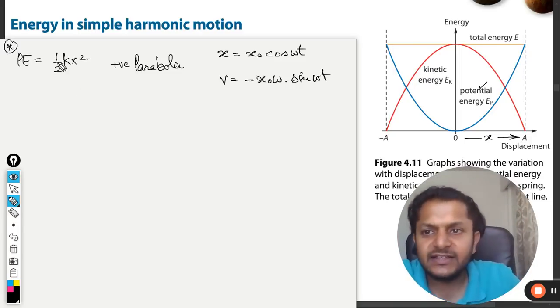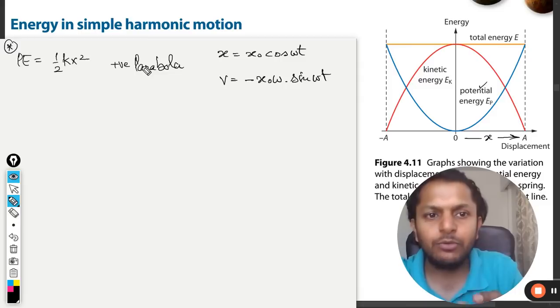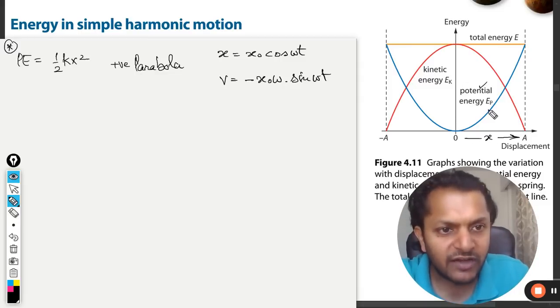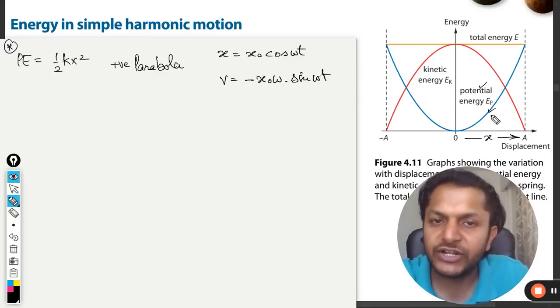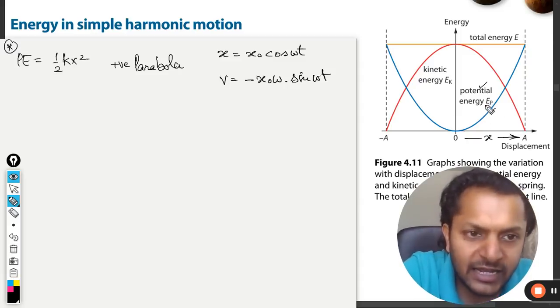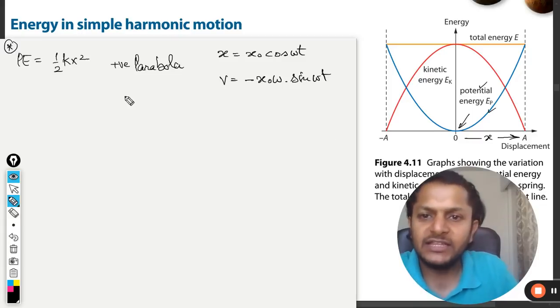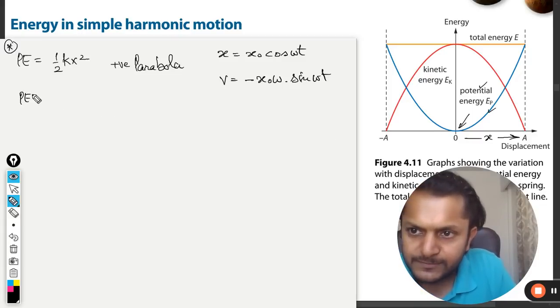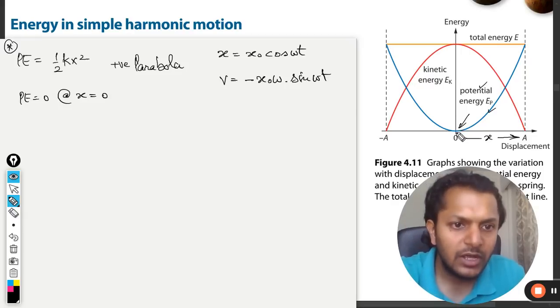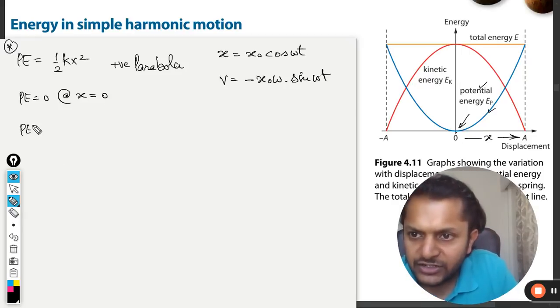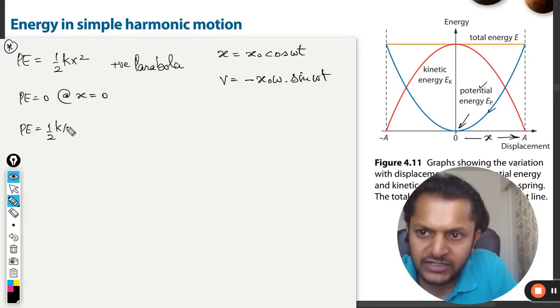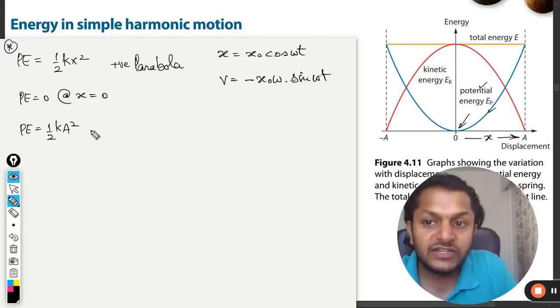So the first thing is clear, this is the potential energy, which is a parabola, and the blue colored graph belongs to the potential energy. What are the things that can be learned from this? Point number one, the potential energy is zero at the equilibrium position, when x is zero. And the potential energy is maximum when the displacement is maximum, which is equal to the amplitude.